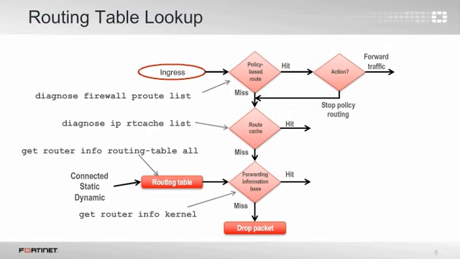In an HA cluster, both route management and forwarding tables exist on the master FortiGate. But on the slave FortiGate, only the FIB exists. If there is no match in any of those tables, FortiGate drops the packet because it is unroutable.